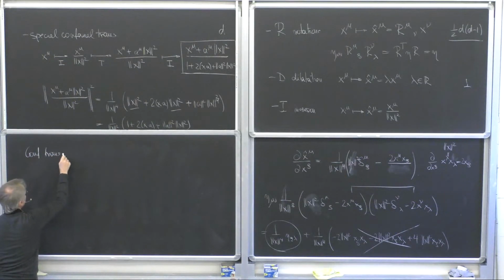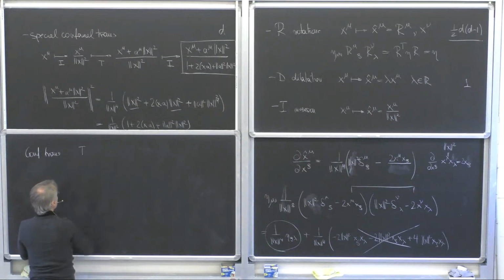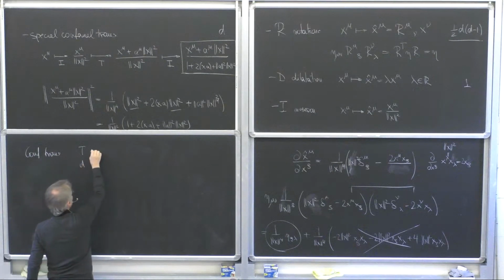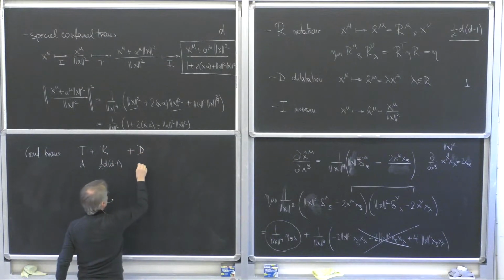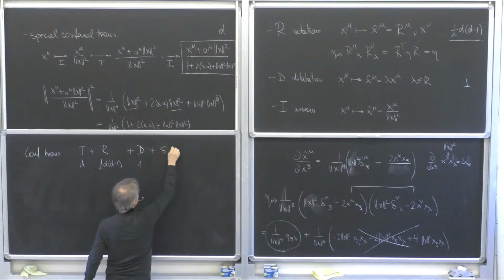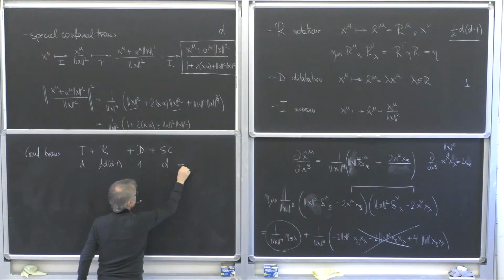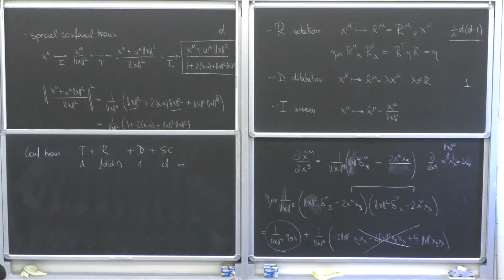Conformal transformations in d dimensions: a translation, there are d of those, plus rotations, a half times d times d minus 1, plus dilatations, 1, plus special conformal transformations, d. And all of them are infinitesimally different, so they generate the Lie algebra of the conformal group. And if you add this up, you should get a nice number.